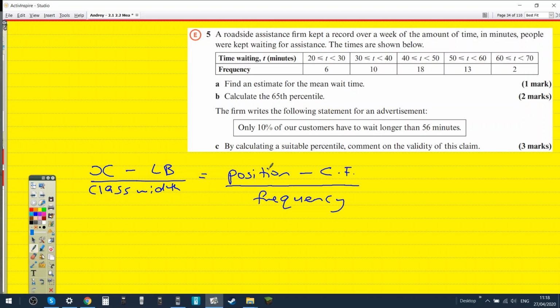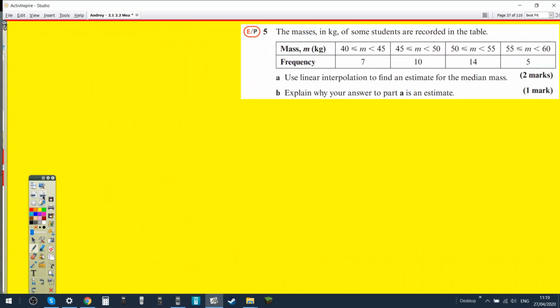So this fraction is equal to this fraction. There's no easy way to do it. All right, so that's kind of a formula. We just need to try it.